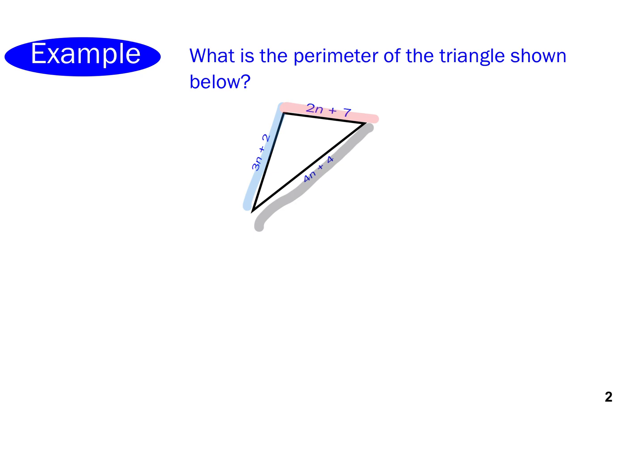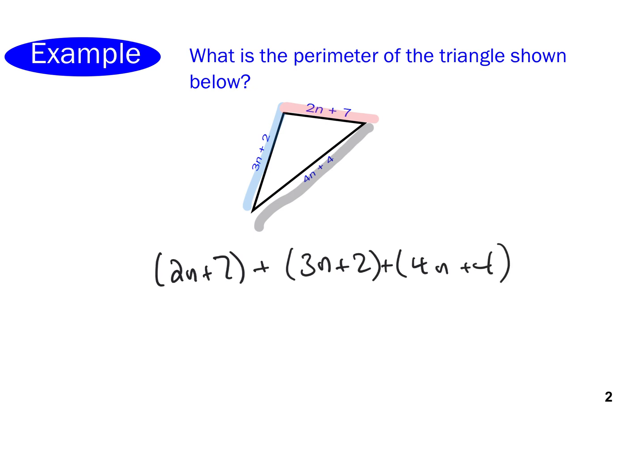So we are going to add, the first one is 2n plus 7. The second one is 3n plus 2. And the last one is 4n plus 4. So we are going to add those three binomials together to figure out the perimeter.